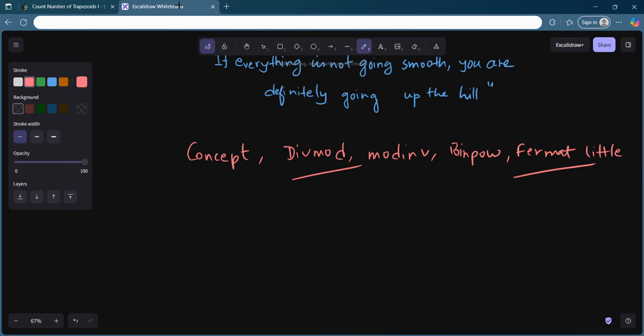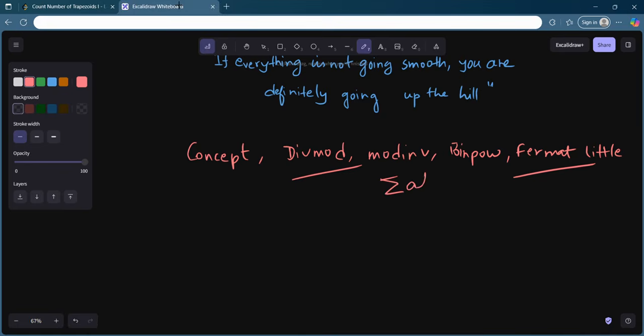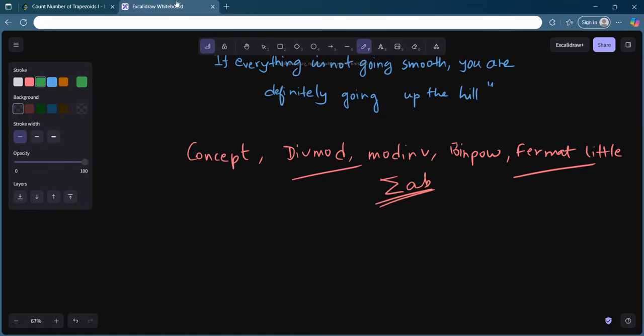These are all mathematics concepts, and how do you find the summation of AB in a very short format. So let us try to understand the concept first, and then we will go on to explaining each and every one of these mathematical concepts and also how to apply them in code, why we need to apply those at all, and how we will make the code run using these concepts.